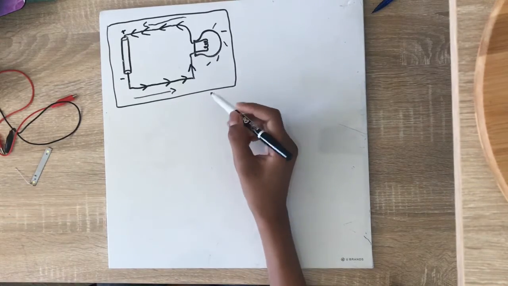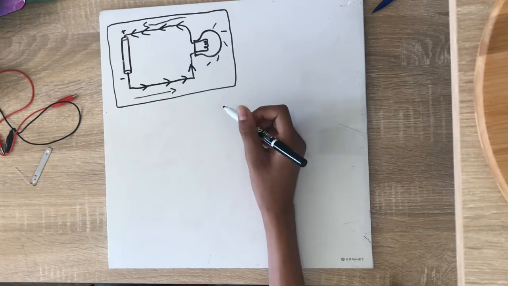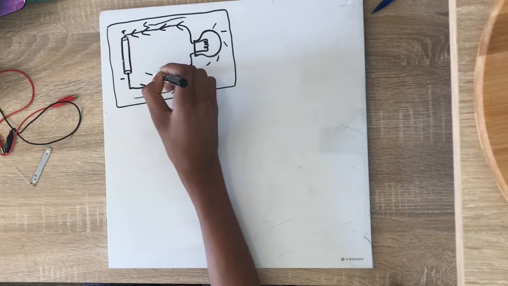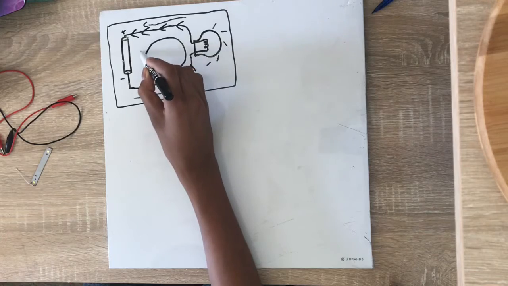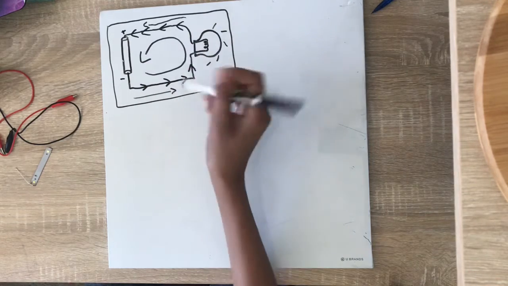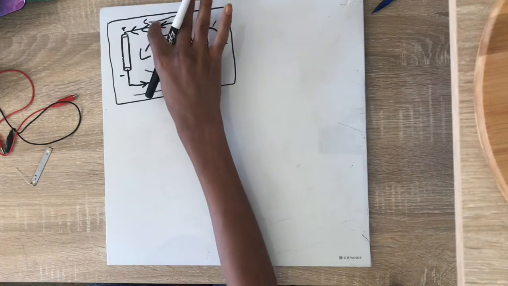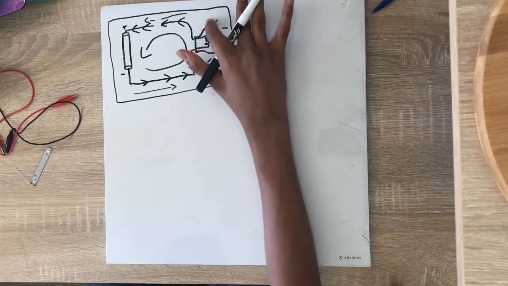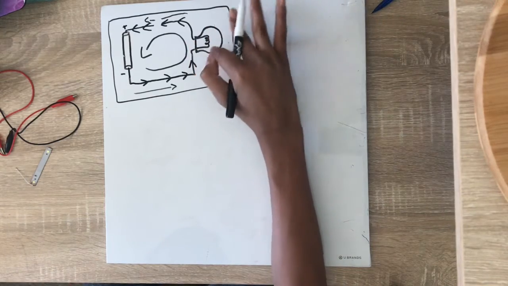So a circuit is a continuous loop of electricity. You can see that this circuit is moving in a continuous loop. If you were to cut the loop like this, then the electricity would stop flowing and the lamp would stop lighting.